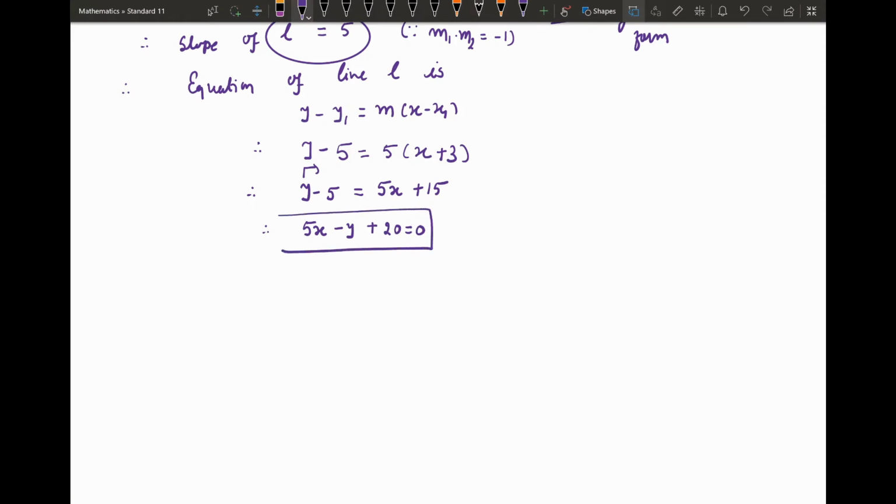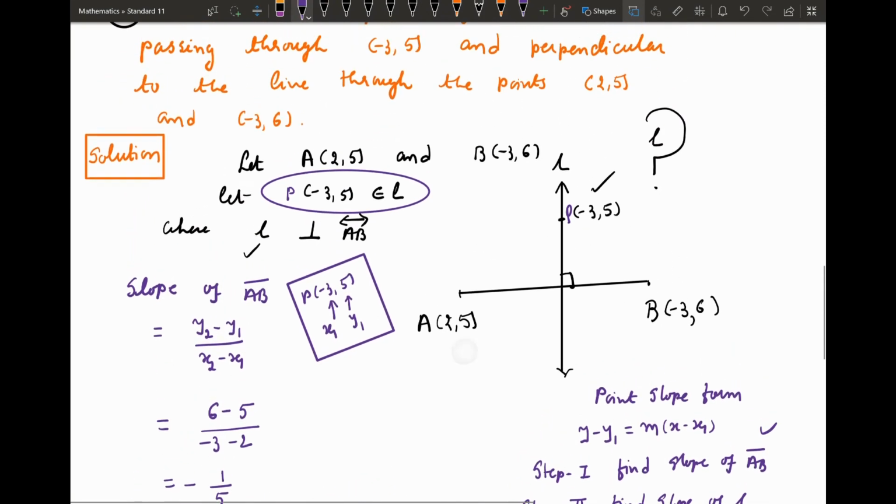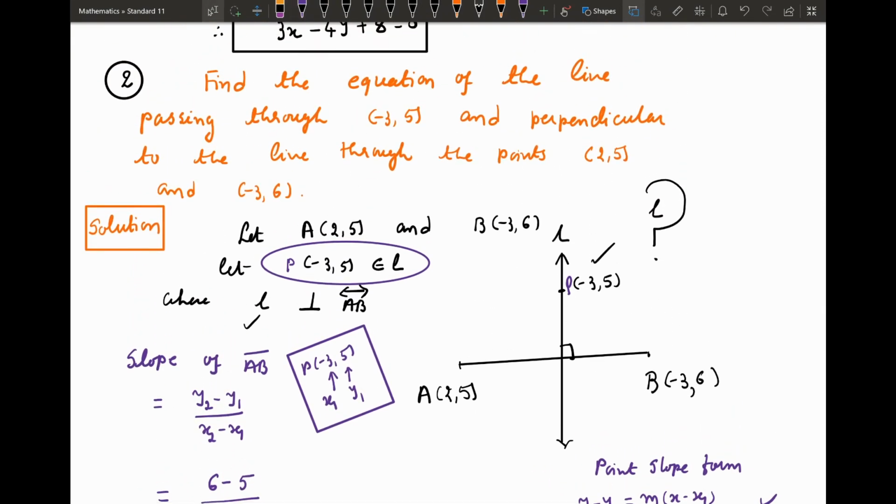This is the required equation. So it is easy. We are given L perpendicular to AB. So from the slope of AB we have obtained the slope of L, and the point is already given. So to find the equation of the line we have used the point slope form.